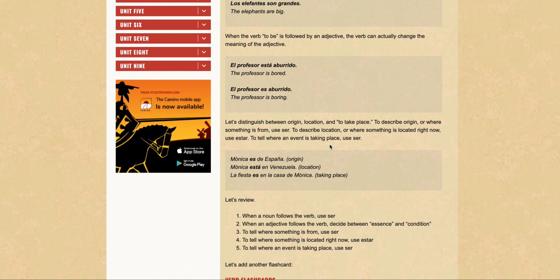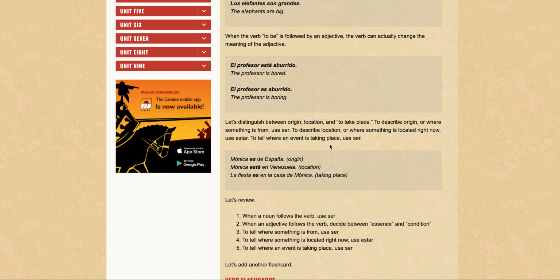But if you're talking about an event, like where an event is taking place, we use the ser form. And if you're talking about where you're currently located, what is your current location, that is estar, because that's a state that can change from time to time. And that's why we use the estar form.